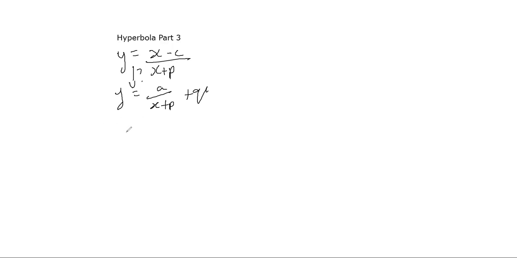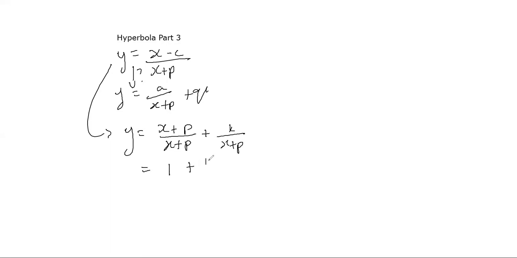Well, let's go then. You need to realize that if I can get this over this plus some value here, let's call that k over x plus p, then I will have my hyperbola in the form that I want.